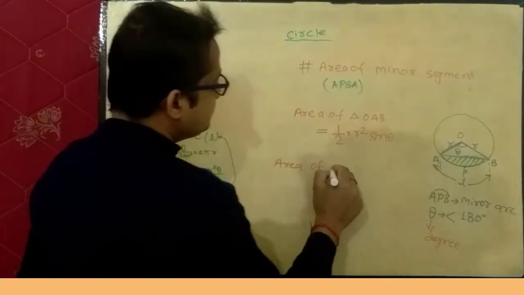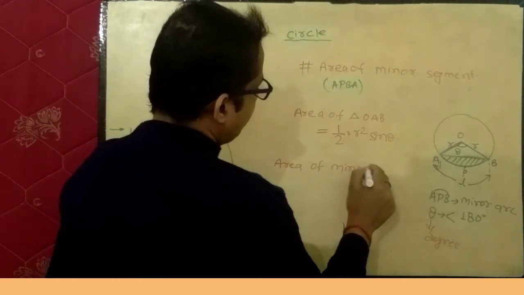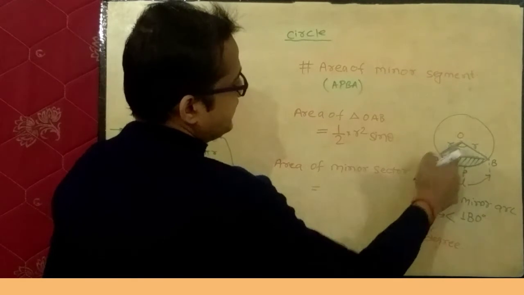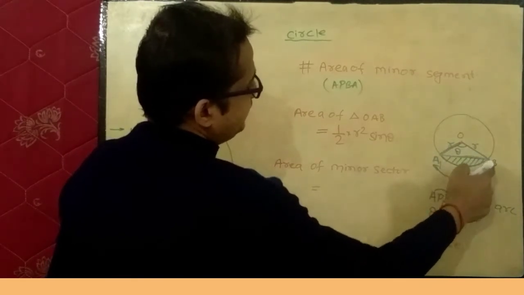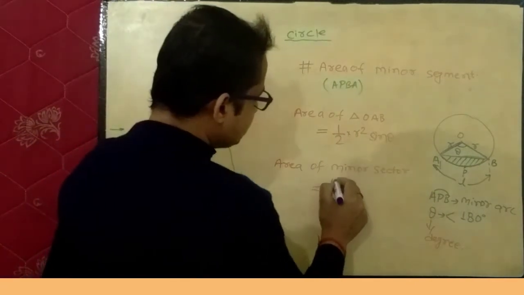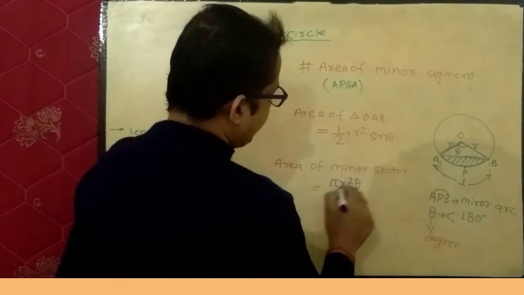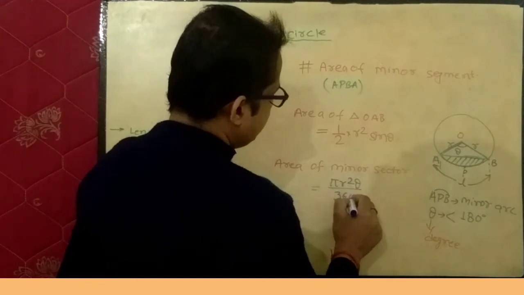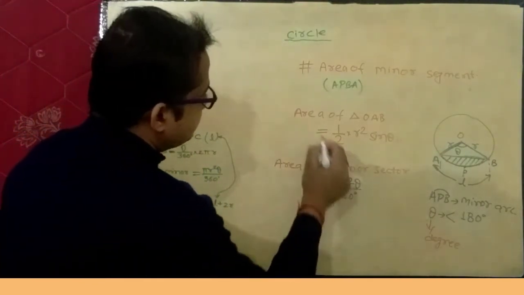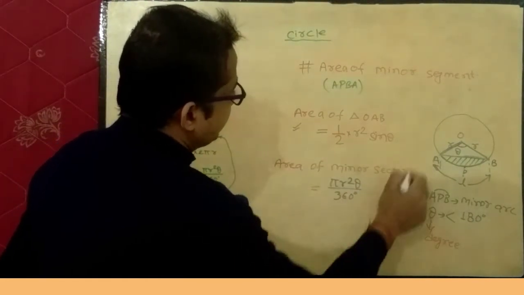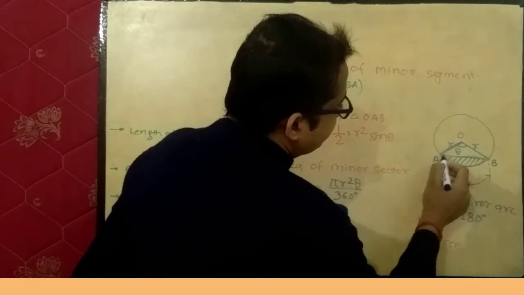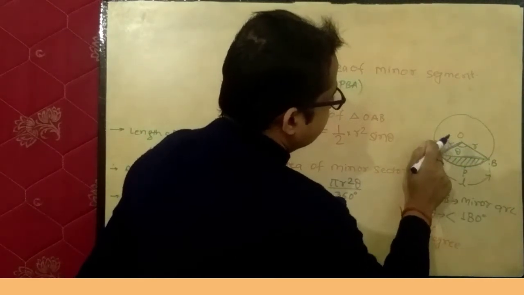Now area of minor sector. This is minor sector OAPBO. So area of minor sector equals to pi r square theta upon 360 degree. Now subtract this triangle area from this minor sector area.